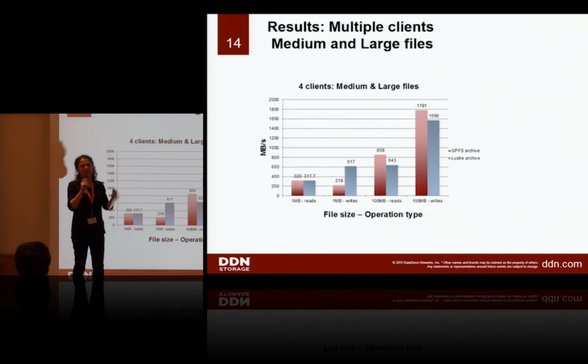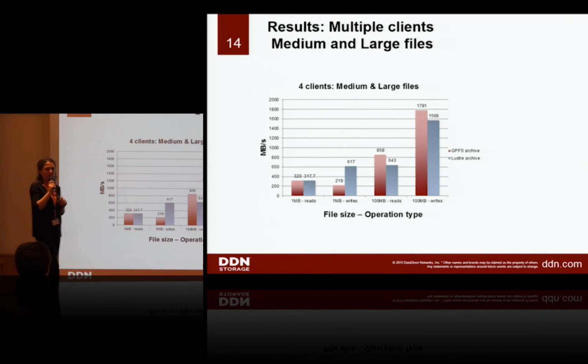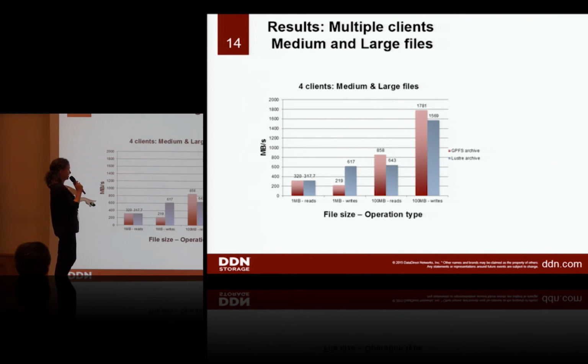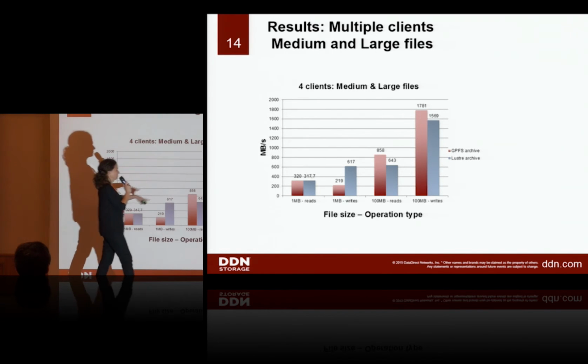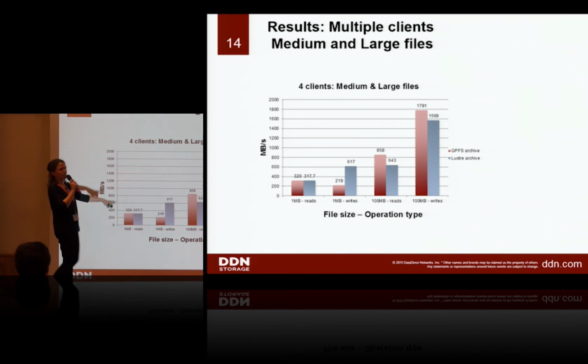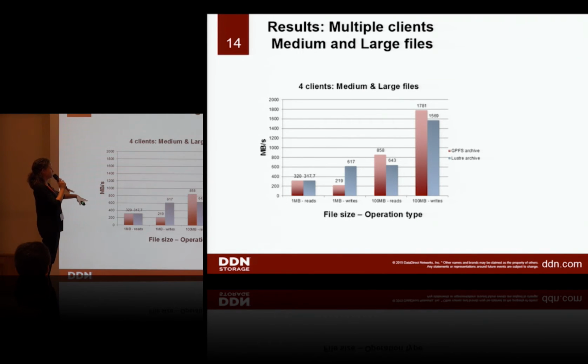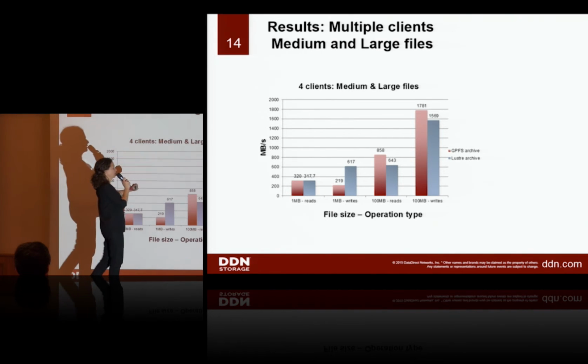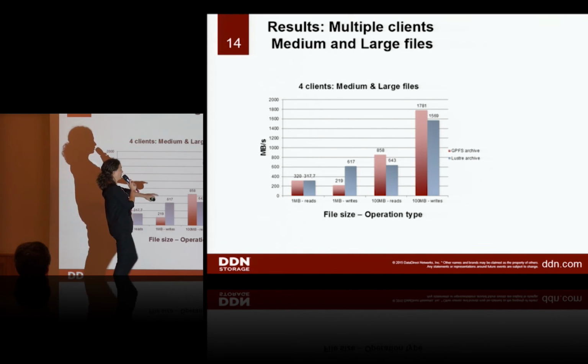Again, we saw some results for multiple clients running medium and large file movement of data. On the Lustre implementation, on medium files, 1 megabyte files, it is even better than what we had with the implementation we were comparing with.